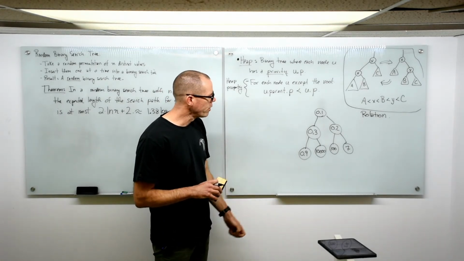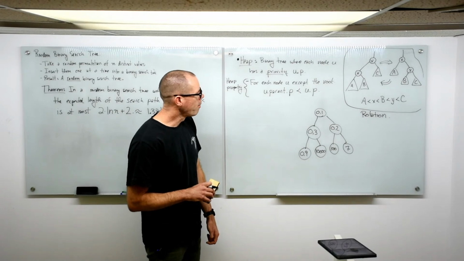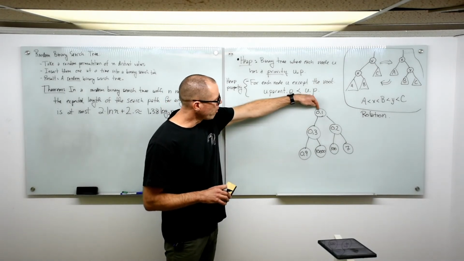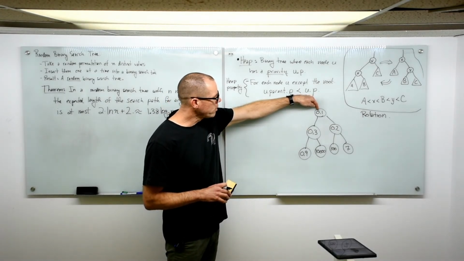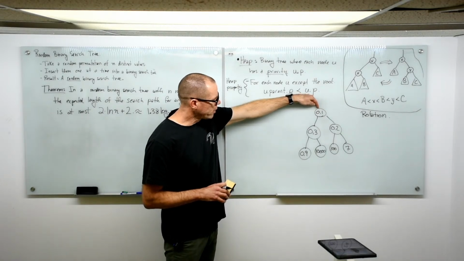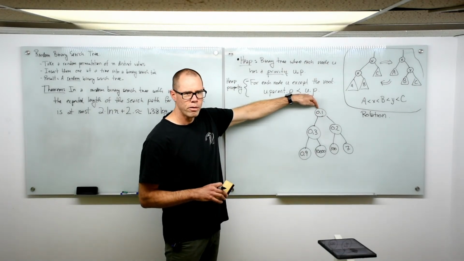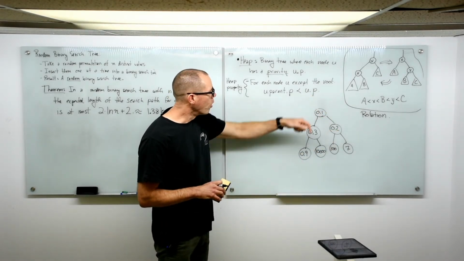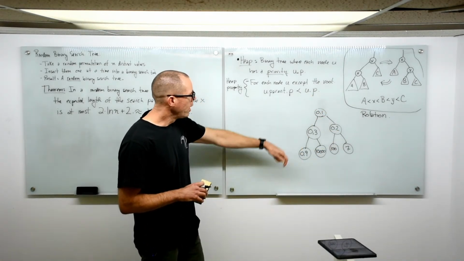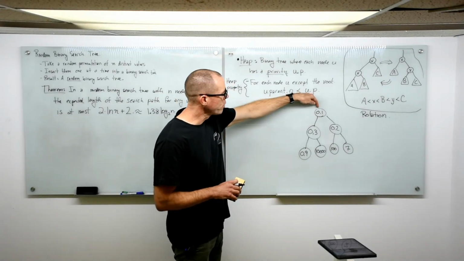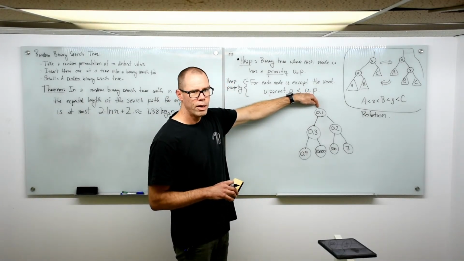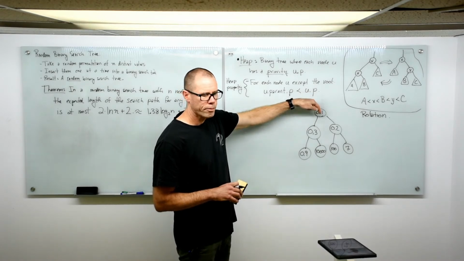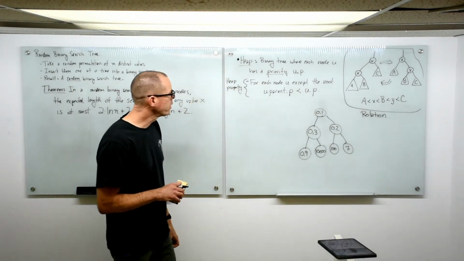Notice it's very different than a binary search tree. I can't search for things in here because comparing to the root doesn't give me any idea of whether the thing I'm looking for is in the left subtree or the right subtree. Perhaps the only thing I could conclude is if the thing that I'm searching for is smaller than the root, then I know it's not there. And why is that?